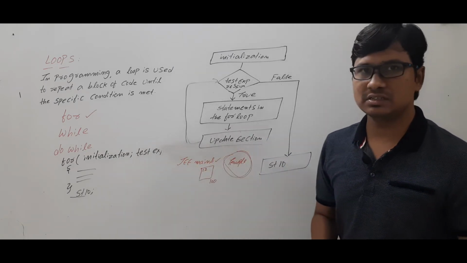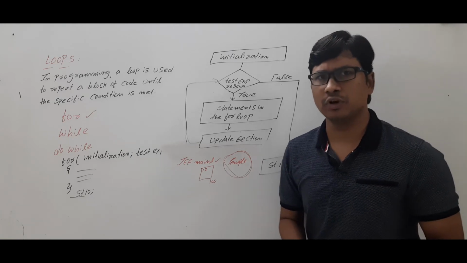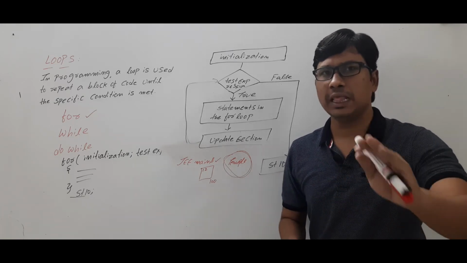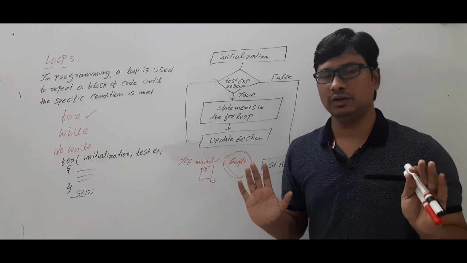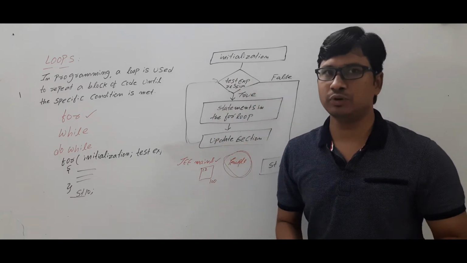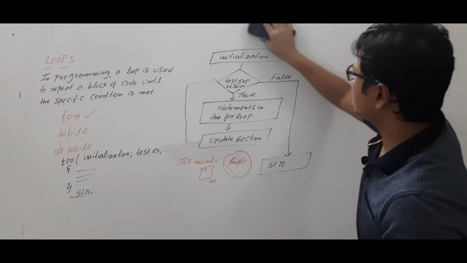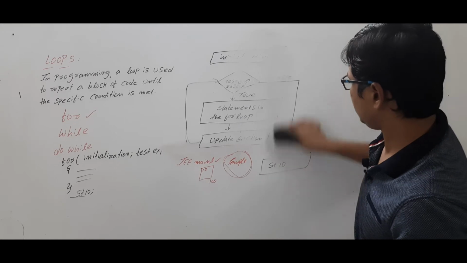Now let me discuss the for loop with a simple example. I want to write a C program to display the numbers from 1 to 10. Integers from 1 to 10, I want to display as output using the for loop in C language. Let me discuss how we can do that.